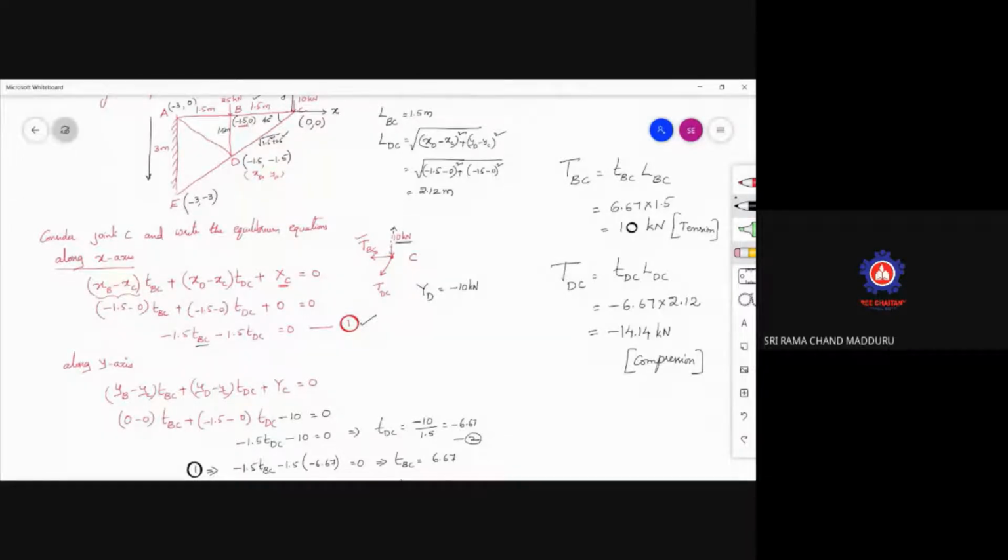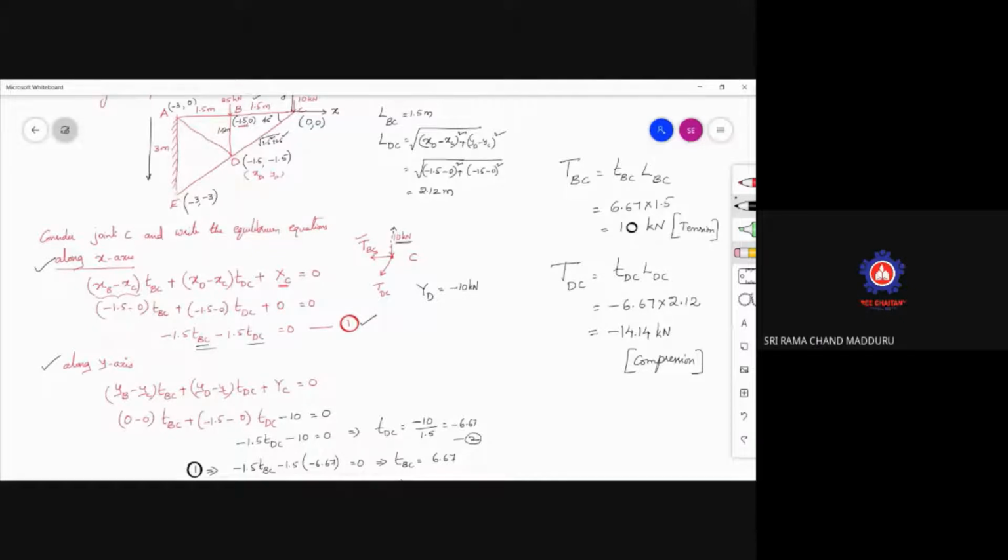The available equilibrium equations for a plane truss are only two, along the x-axis and along the y-axis. Hence, when there are two equations available, you can solve only two unknowns. That's why wherever you choose a joint, the number of unknown forces should be less than or equal to 2. Now these two forces are calculated.